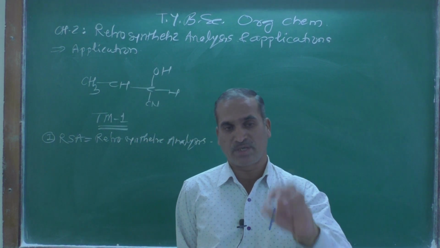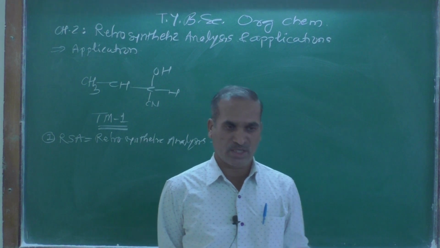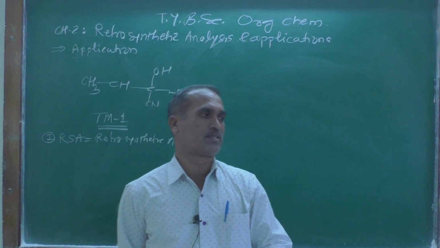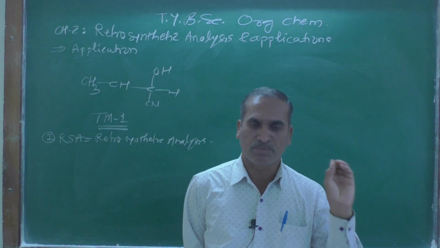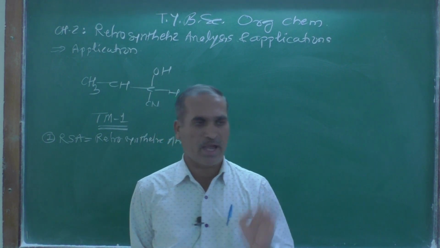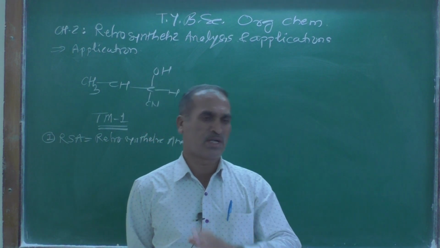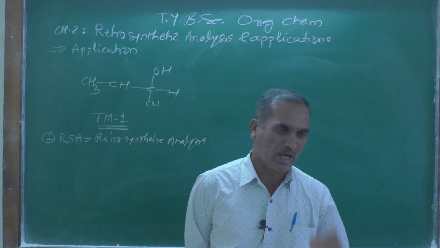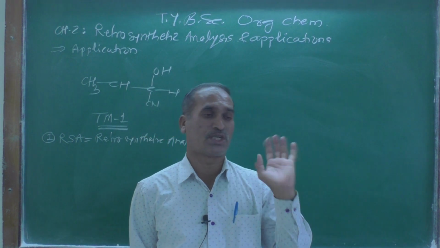Grignard's reagent is used for the synthesis of primary, secondary, as well as tertiary alcohols. Only a few molecules like formaldehyde and epoxide, when treated with Grignard's reagent, give primary alcohol, whereas other aldehydes like acetaldehyde, propanaldehyde, benzaldehyde, whatever aldehydes there are, if you treat them with Grignard's reagent followed by hydrolysis, they produce the secondary alcohol.